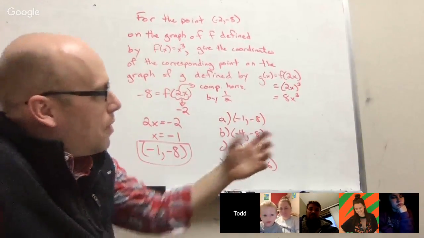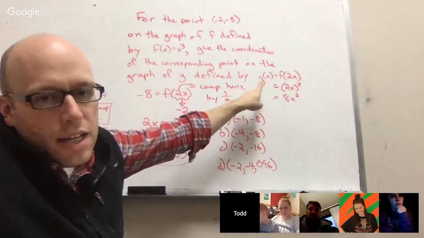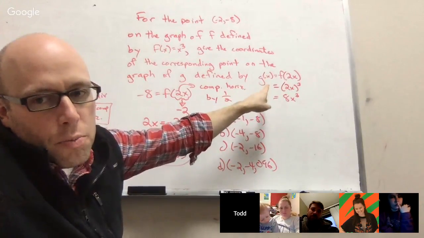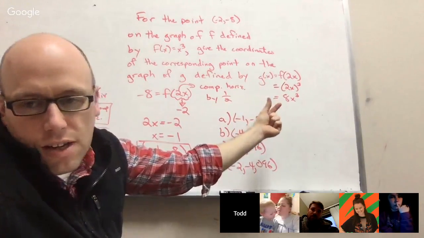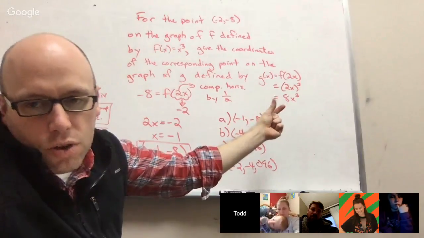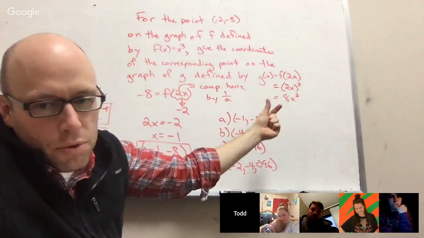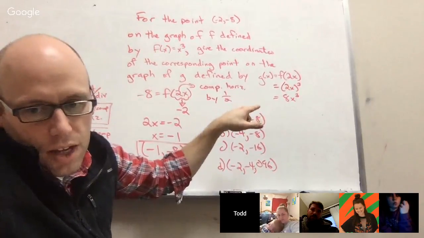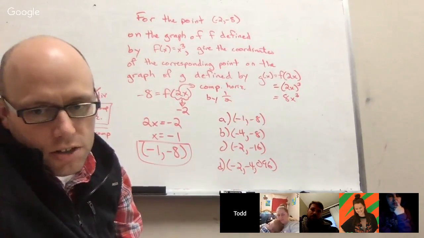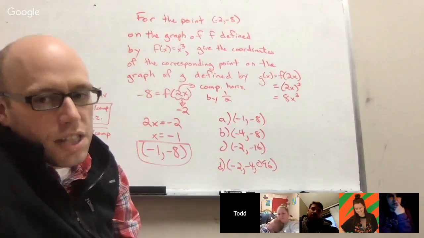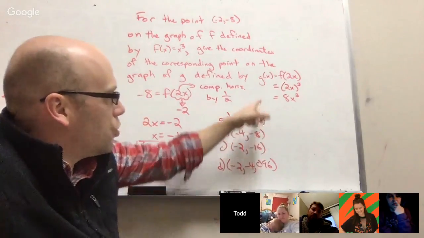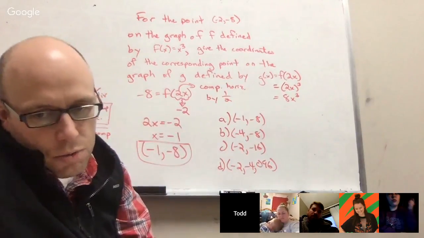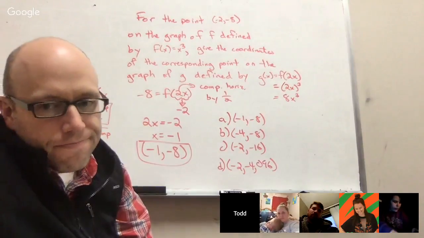For me, I would look at that immediately and say, multiplying the input by 2, compress horizontally. So I'd say divide all the inputs by 2. -2, -8 is going to be -1, -8. So I would think about it in terms of transformations immediately. But if I was a little bit unsure, I would double check by just plugging in and seeing which one works.